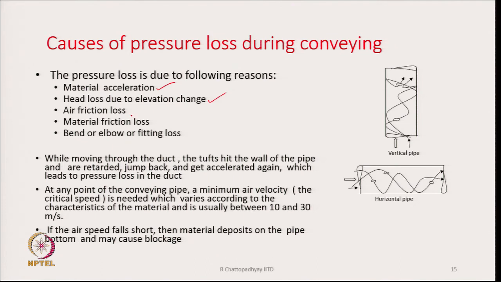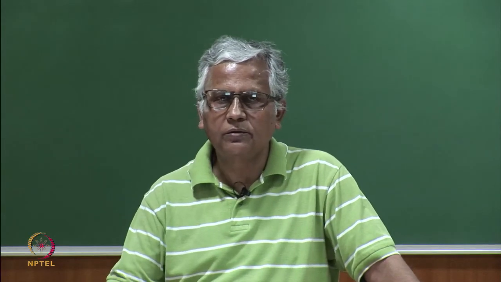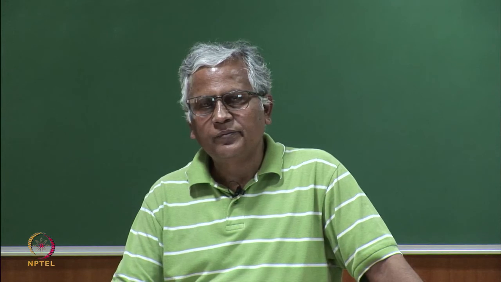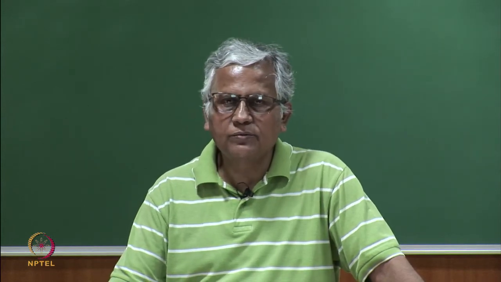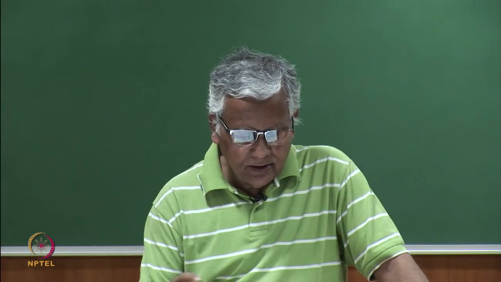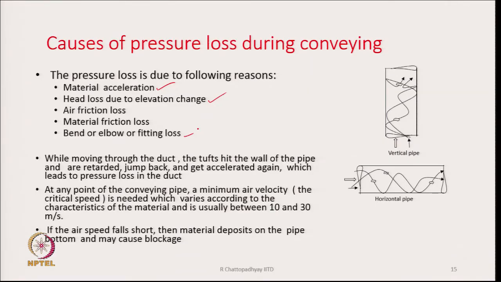Then there is a friction loss of the air. The air comes into contact with the inner wall of the duct or pipe, and this friction we have to overcome, and because of this there will be some loss in pressure. And another part is that material friction could also be there.